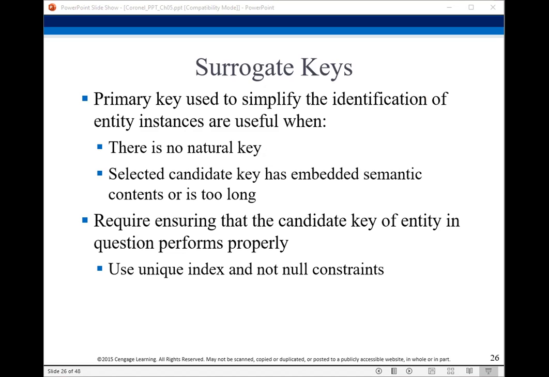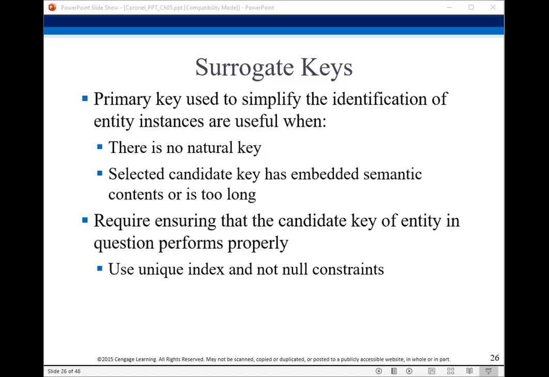So again, a surrogate primary key is an artificial primary key created by the database that's used to uniquely identify each occurrence when there is no good natural key available, or when the natural primary key might include multiple attributes.